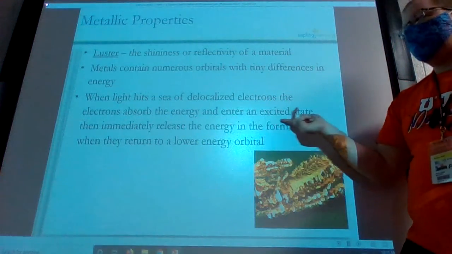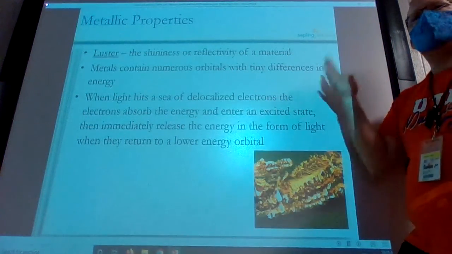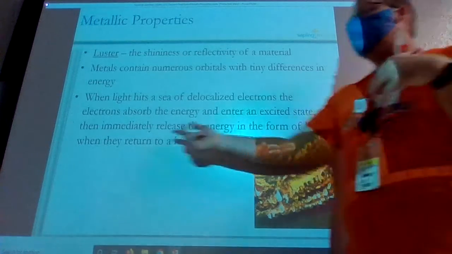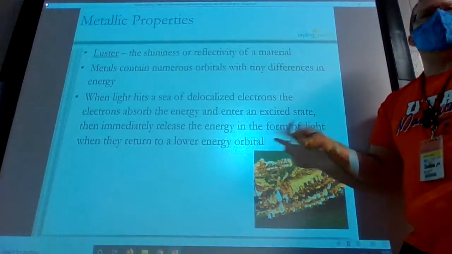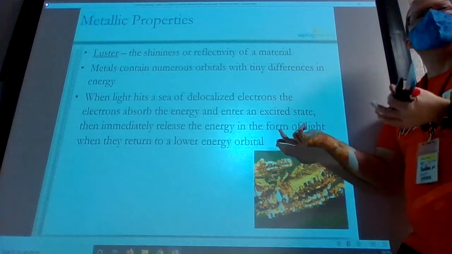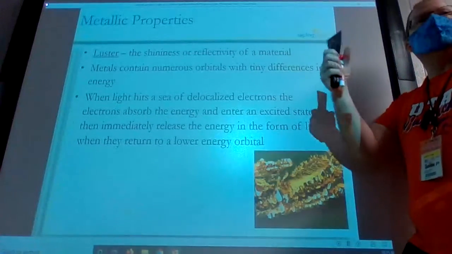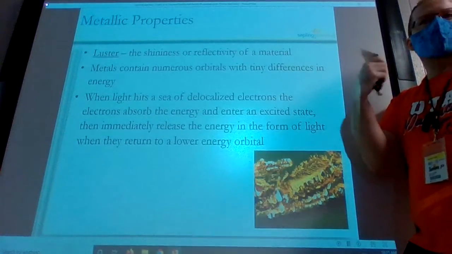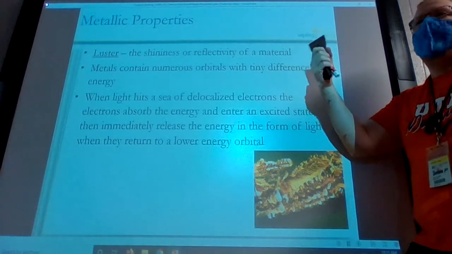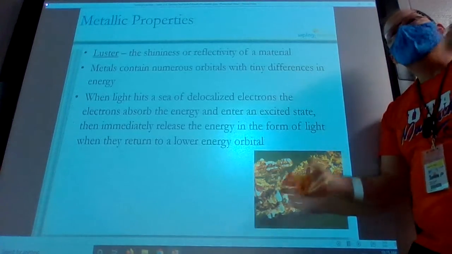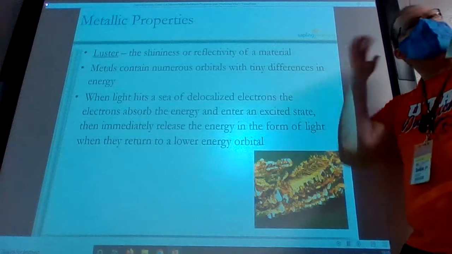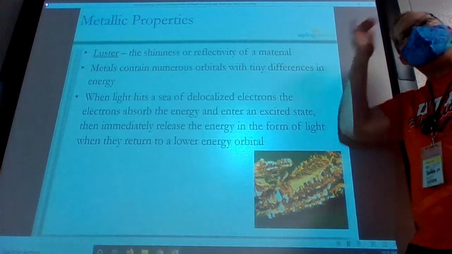The energy enters the electrons and makes them go into an excited state, and then immediately they go back to their normal state and release that energy in the form of light. So metals literally absorb the light, change it a little bit, and then spit it back out, which is why shiny metals look like no other shiny non-metal object. They just have a different shine.